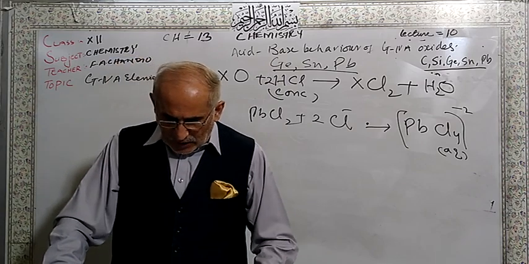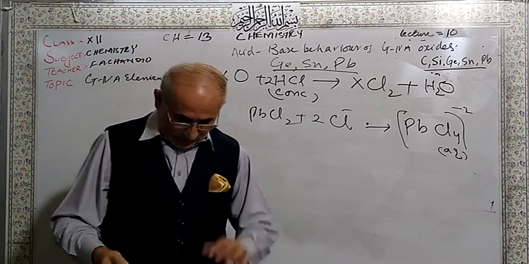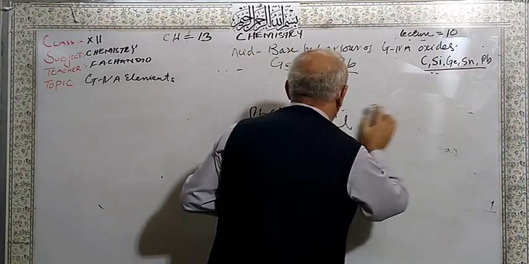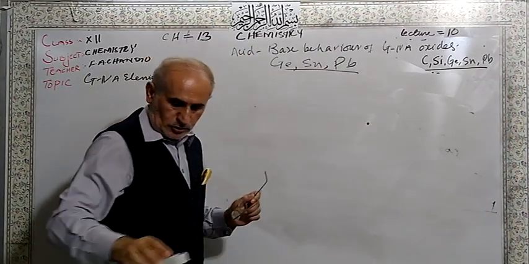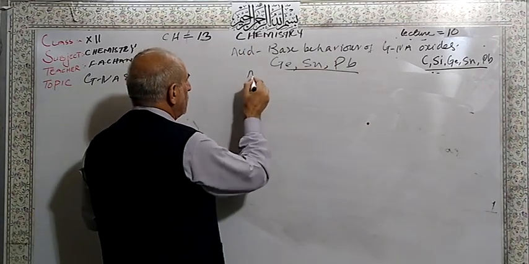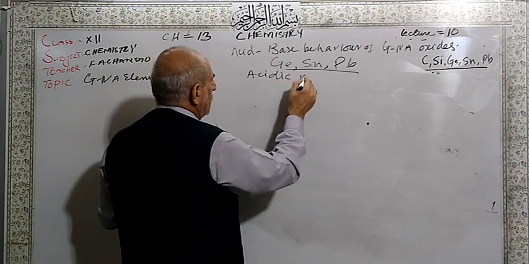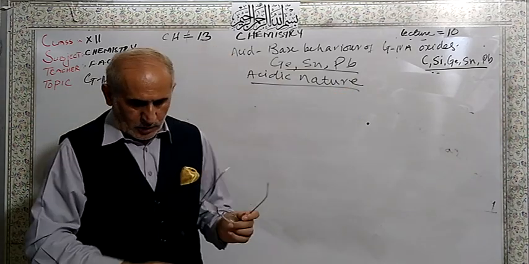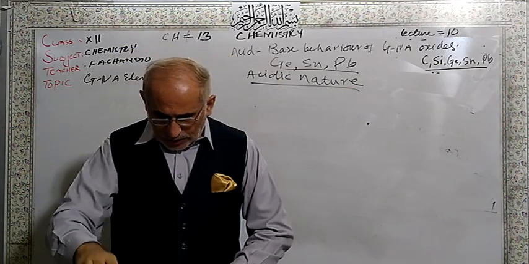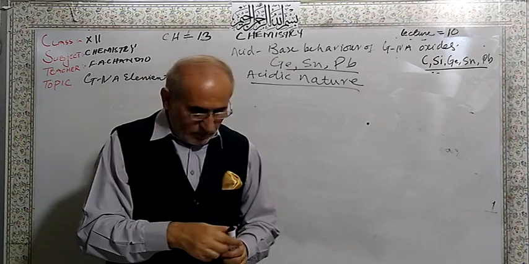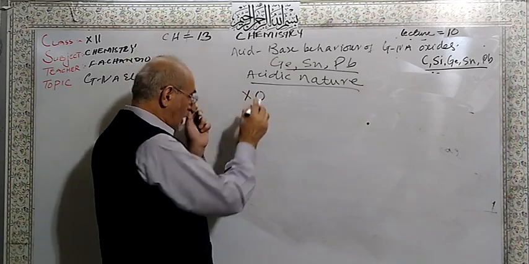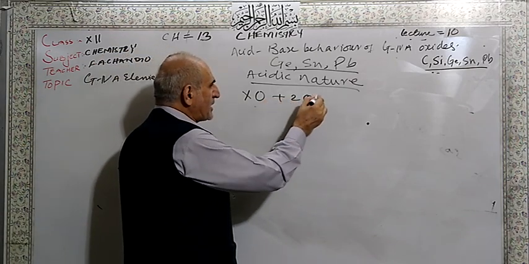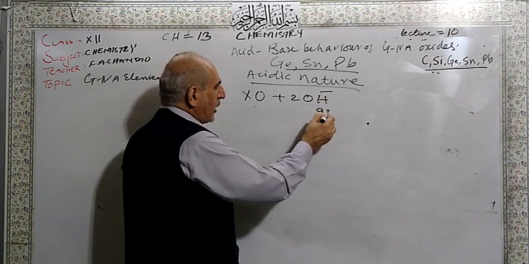Now, the acidic nature of the oxides. If you see the monoxides of germanium, lead, and tin, they can react with the base, hydroxide ions in aqueous solution.